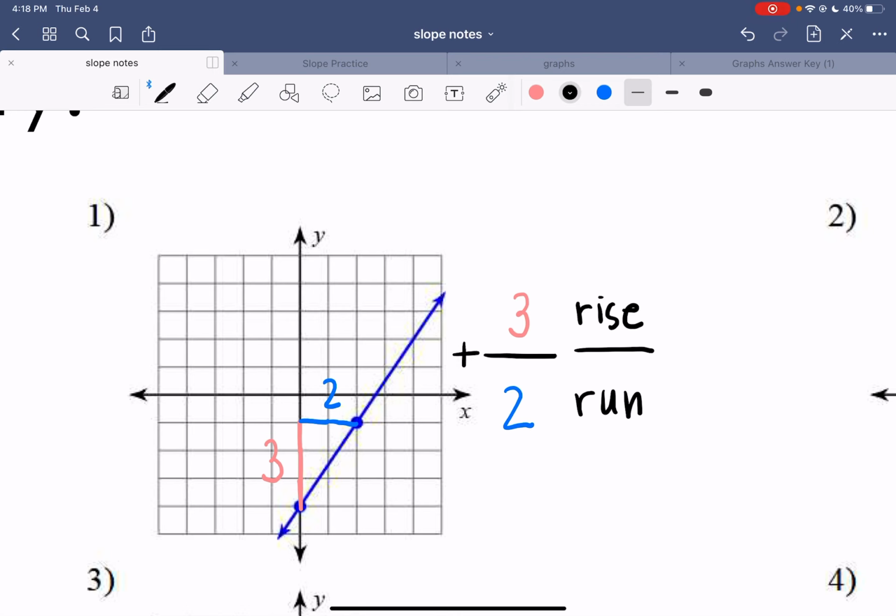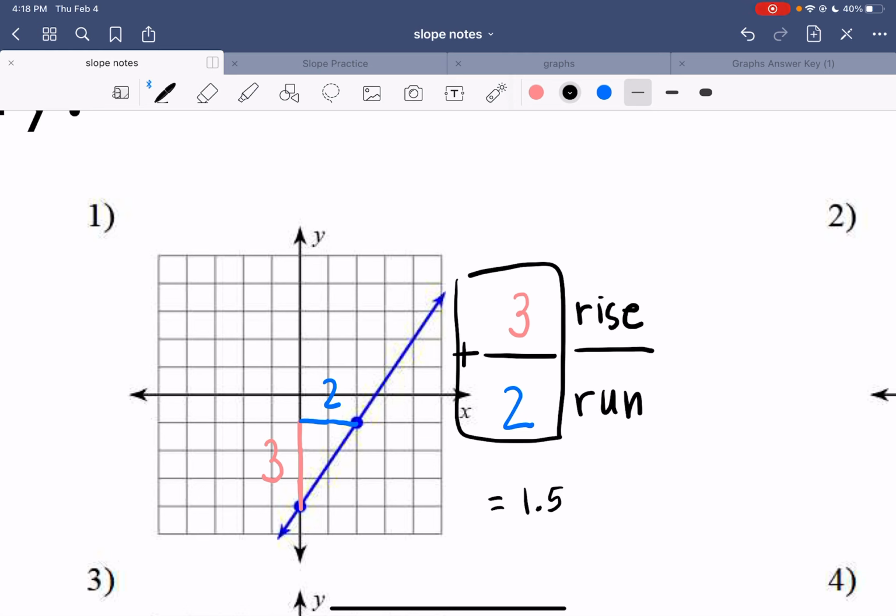It's going to be a positive slope, and that, my friends, is the final answer because 3 over 2 cannot be simplified. And I know that some of you are going to want to turn this into a decimal, but if we turn this number to 1.5, it makes it harder for us to graph it since it's separated by rise over run.